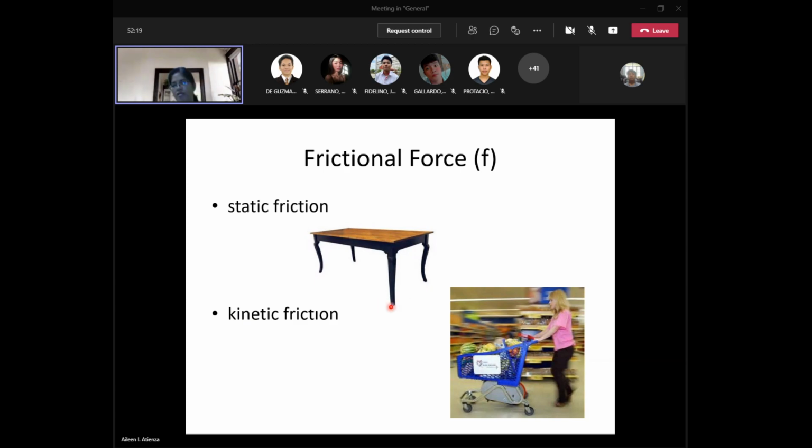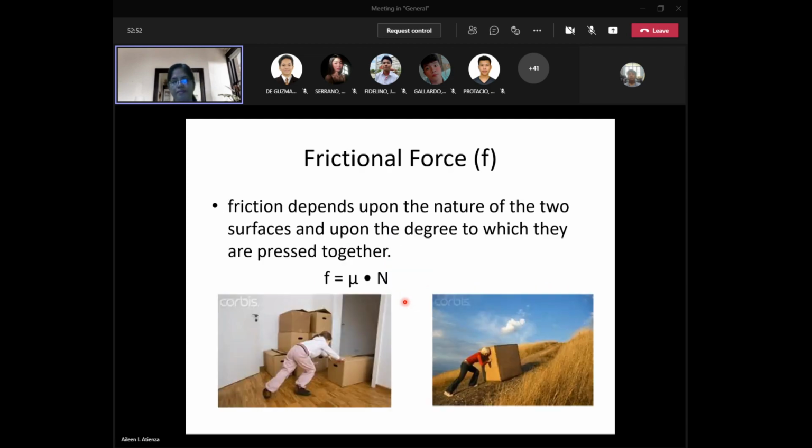Since they are contacting surfaces, merong friction, and since this table is at rest, we have static friction to be particular. Hindi porket naka-at-rest yung object ay hindi na nakakapag-apply yung force. It becomes at rest maybe because forces are equal. Forces being applied are equal.